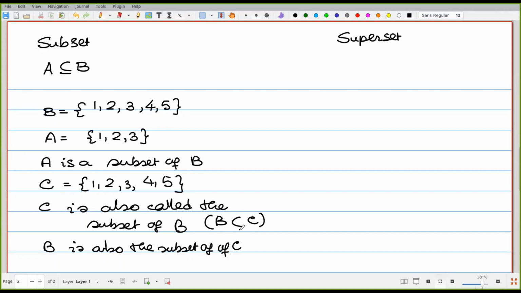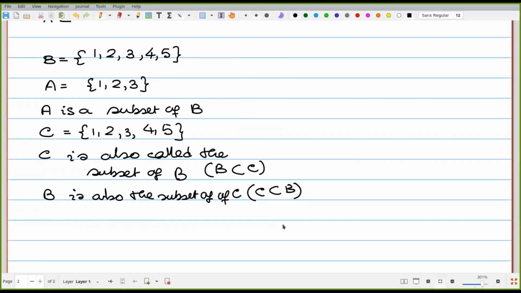Here, check, I have not written the equal sign. And here C is also a subset of B. So when that type of operation is going on, both the sets are subsets of each other. That means all the elements of B and C are the same. So then we can say those are equal subsets.